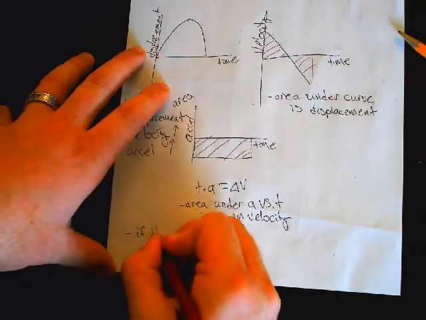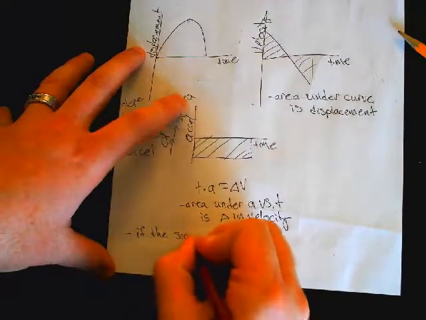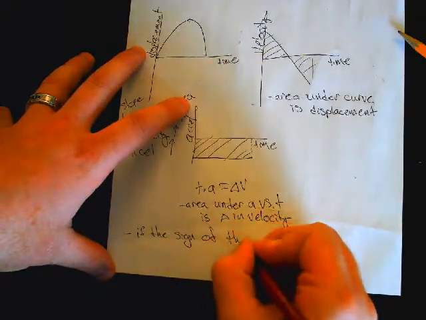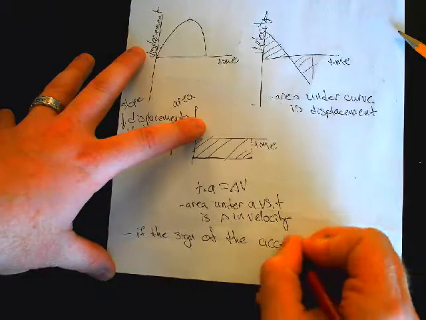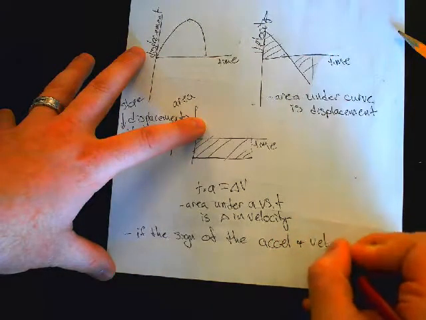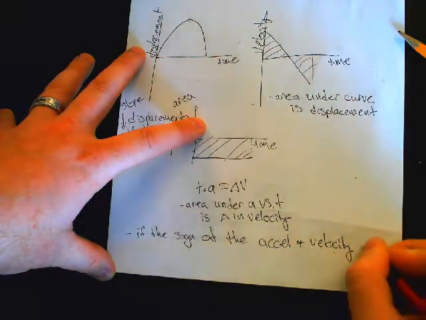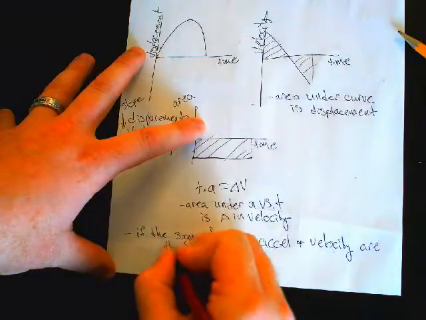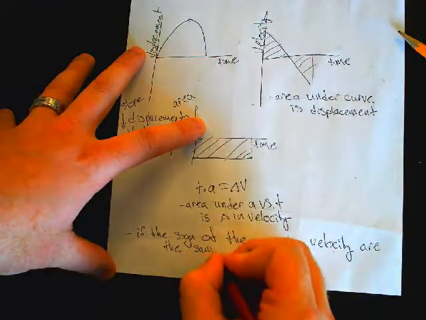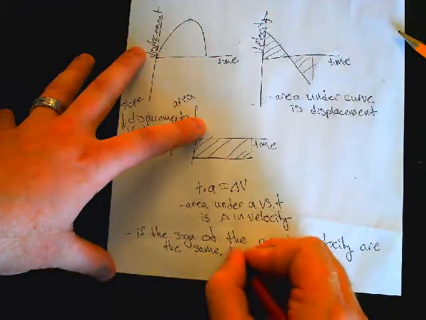If the sign of the acceleration and velocity are the same, the object speeds up.